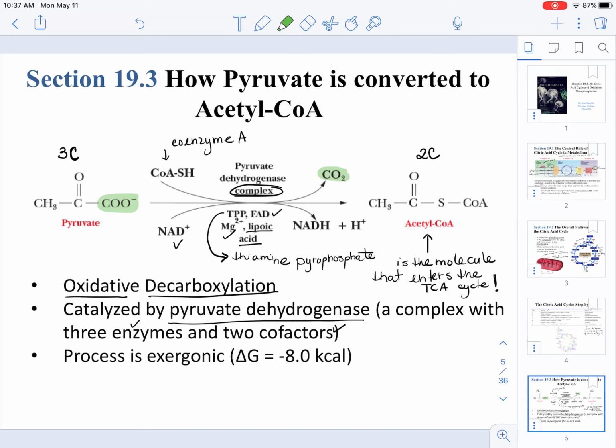Then, understand that specifically coenzyme A is going to be providing this S-CoA into the acetyl group, which is this. That's why the molecule is known as acetyl-CoA.